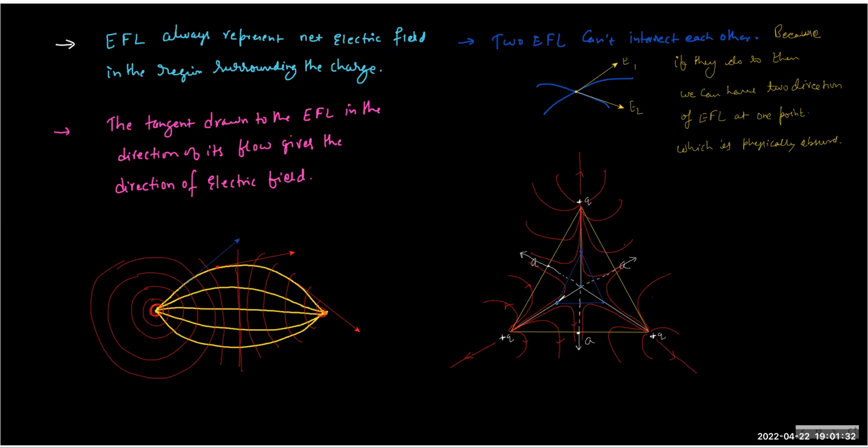For every configuration, one is the common point, and then we have three distinct points. So the total number of null points in a triangle is four.